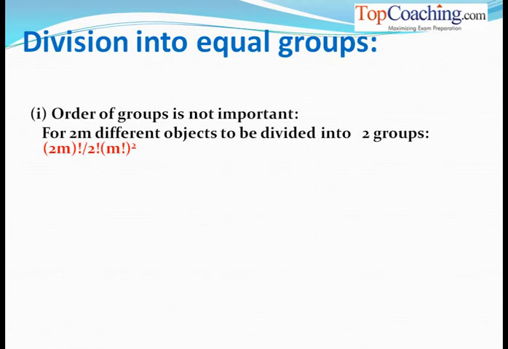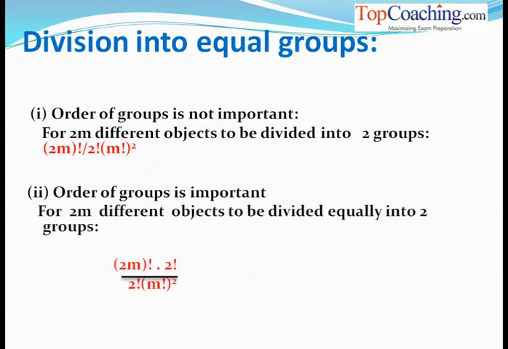The second case is, order of groups is important. Here the arrangement is very much important. So for 2m different objects to be divided equally into two groups, the number of ways is equal to (2m)! divided by 2! into (m!) whole square multiplied by 2!.